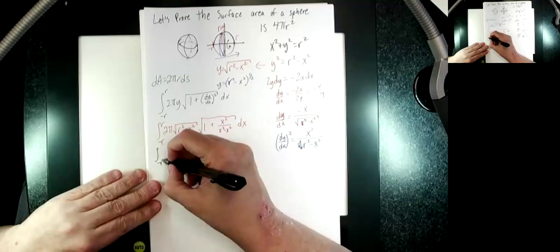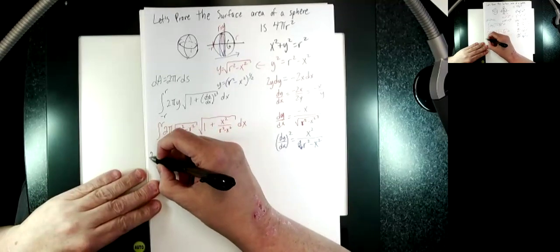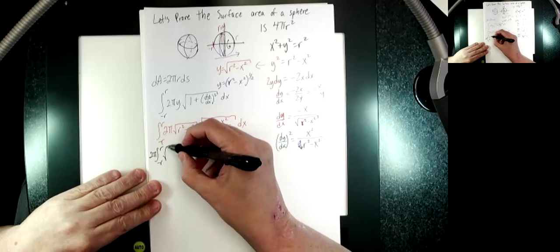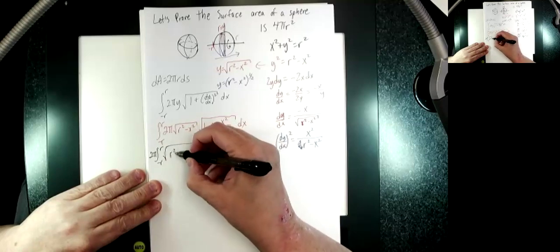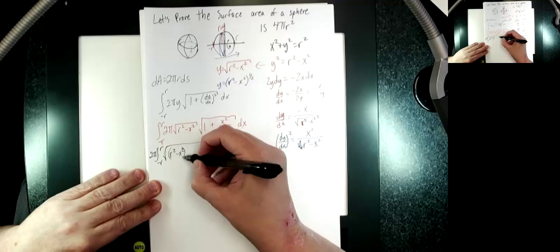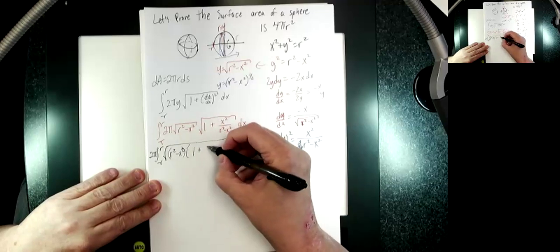So I'm going to do that. I'll put my 2 pi out front. This is doing r squared minus x squared times that.